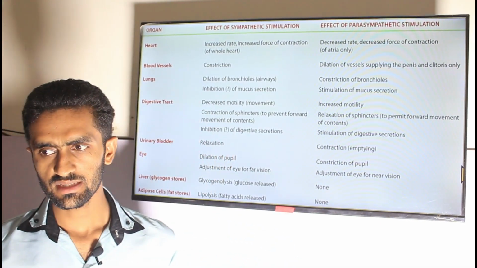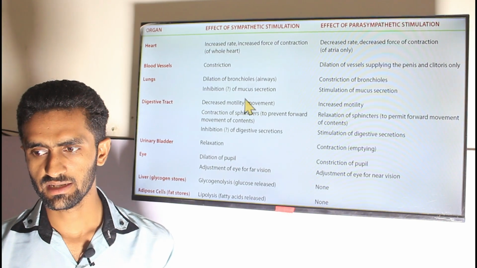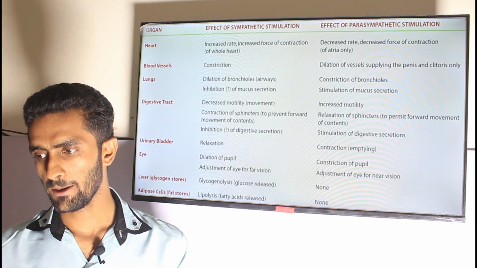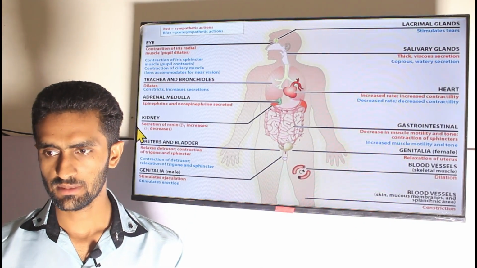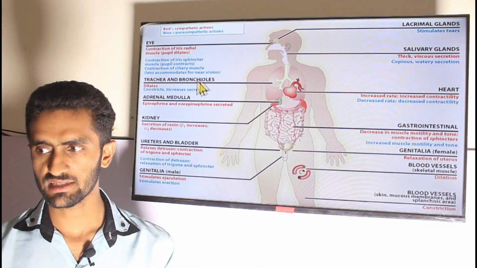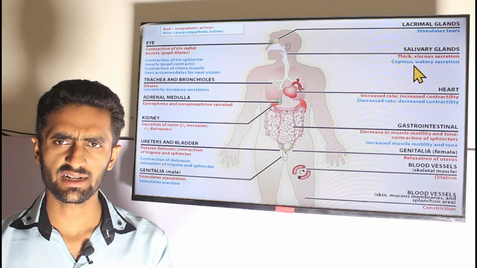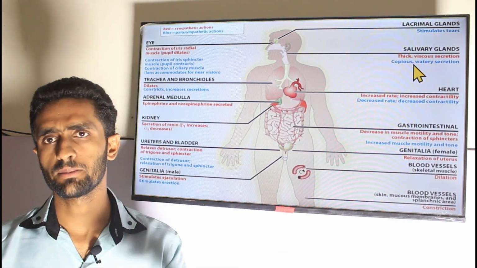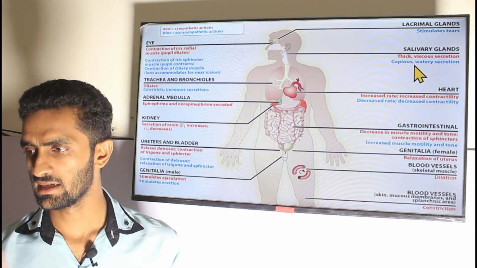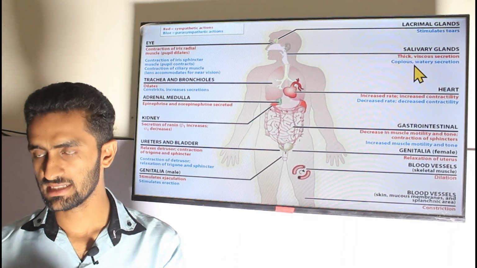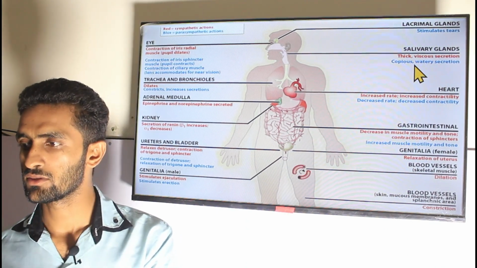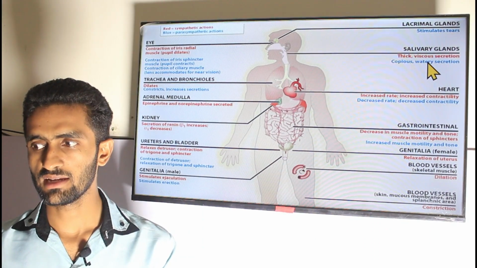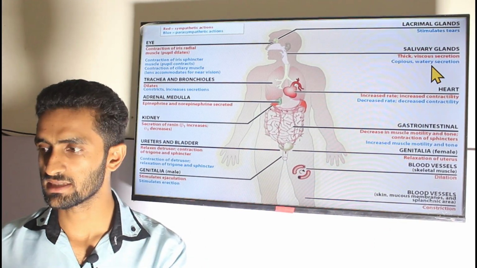Here is just a table you can easily study, although you are familiar with it from your physiology and anatomy. Same thing in the eye, their contraction. Regarding the salivary gland and the sweat gland, whether sympathetic or parasympathetic, both have secretion, but the difference is in the thickness: thick and viscous in the sympathetic, while watery in the parasympathetic.